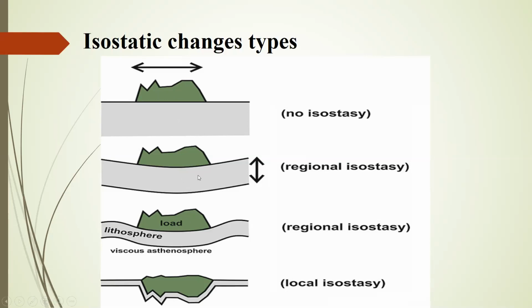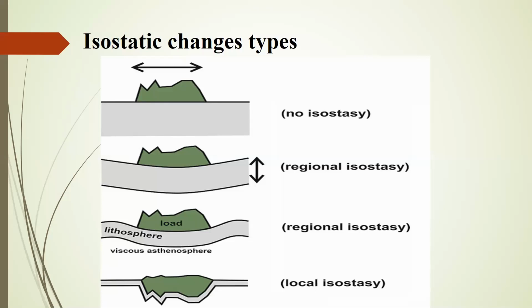But in the second one, you can see there is a bending in the lithosphere. What can cause the bending of the lithosphere? Sir, load. Yes, one is load, and the second one, plate movement. How can plate movement cause the bending? Due to stretching of the plate boundary. Is it clear?